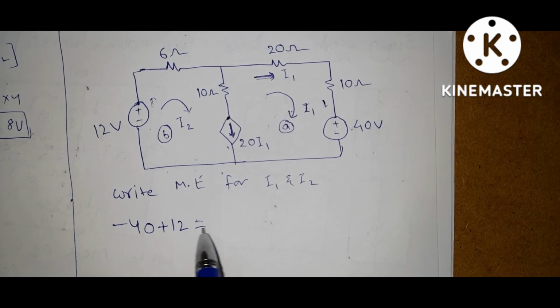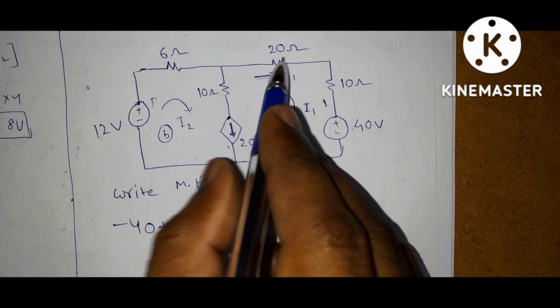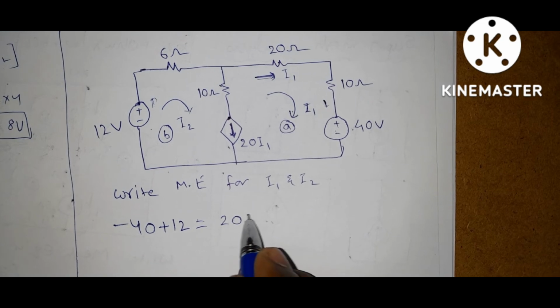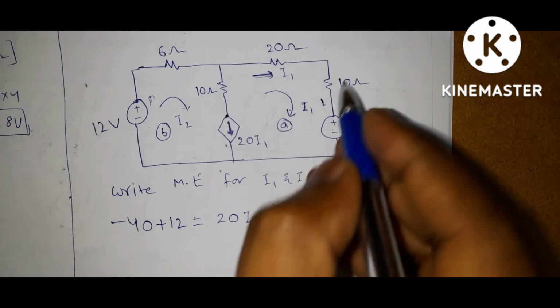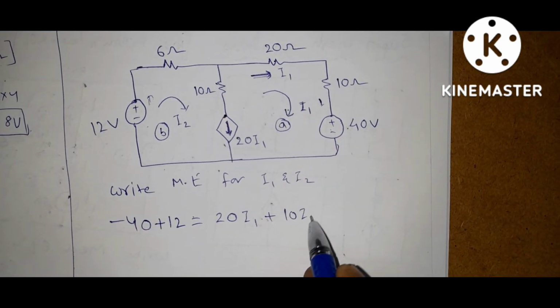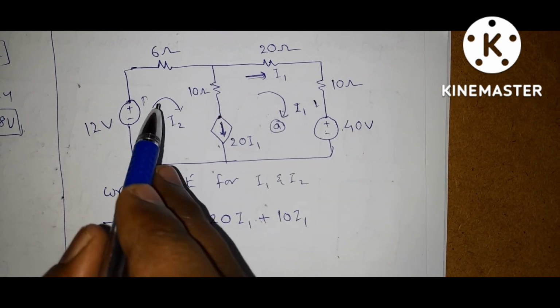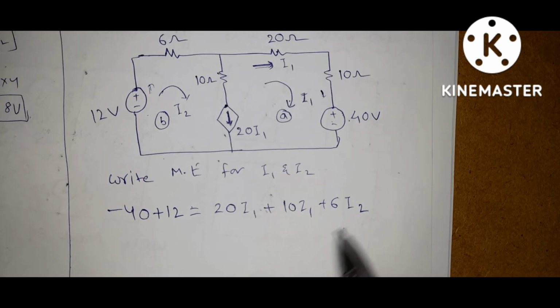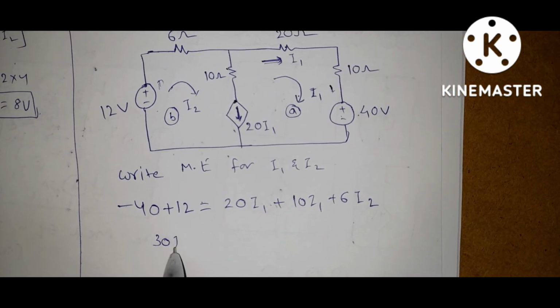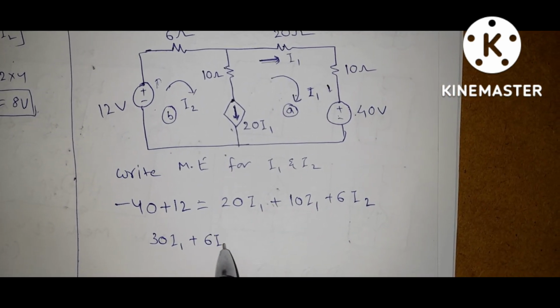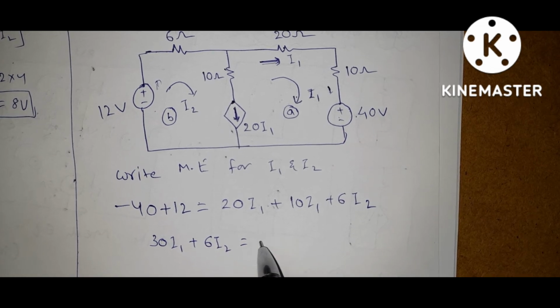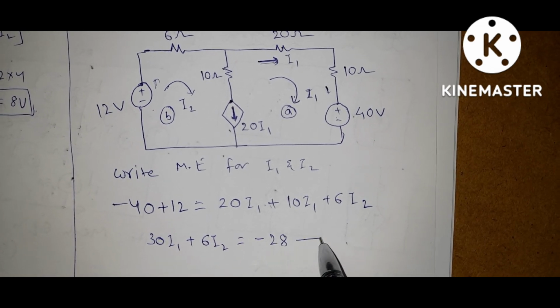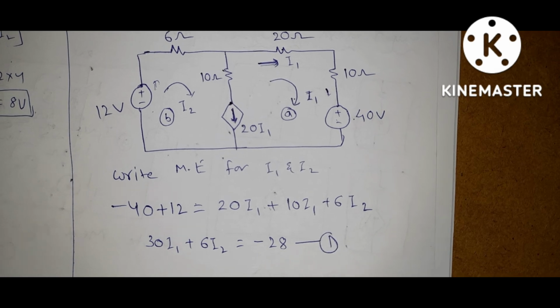So minus 40 plus 12 is equal to, this is 20 I1 plus this is 10 I1. Passive elements are completed. Coming to this loop, this is 6 I2. Now 30 I1 plus 6 I2 is equal to minus 28. This is equation 1.